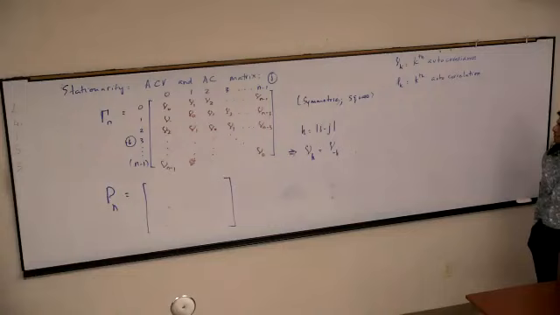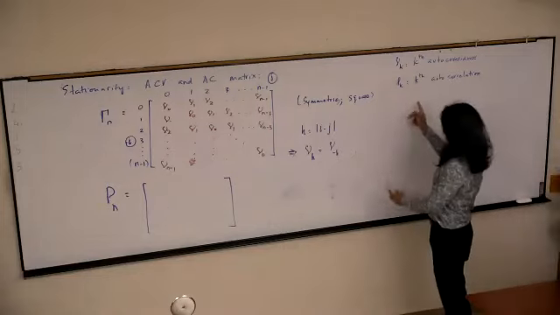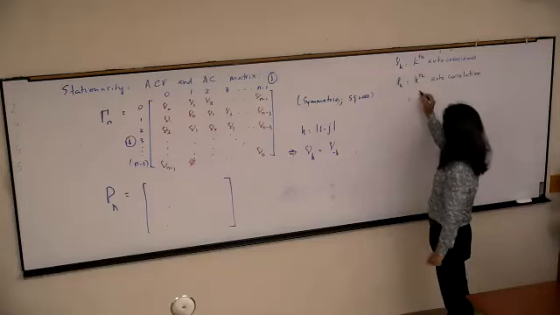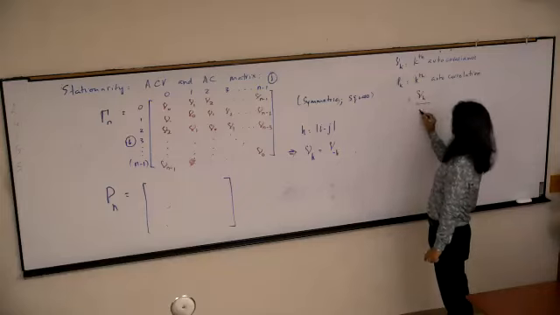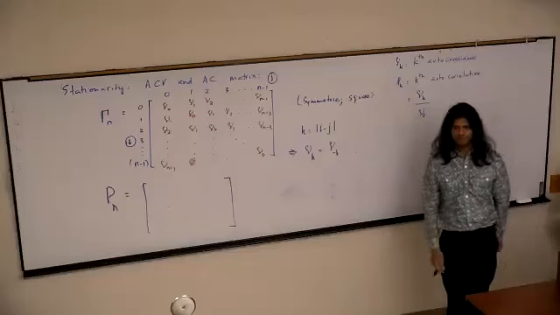How do we go from gammas to rhos? Okay, so we know rho k is simply gamma k divided by gamma 0.